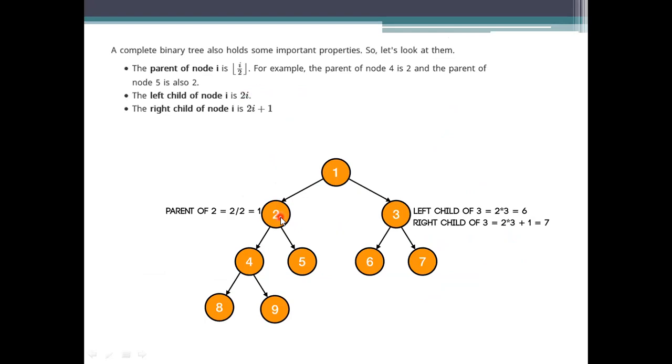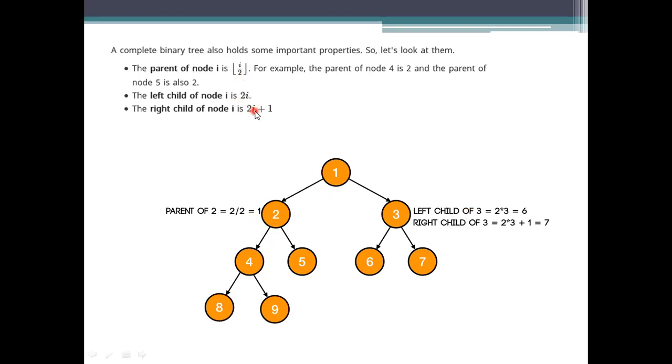So the node we are representing will be 2 by 2, which is 1. So the value present at this node will be the parent of the value present in the second node. If you take 4 by 2, it is 2. So the parent of the fourth node here is the second node. Means what will be the left child of the third one here is 2 into i.